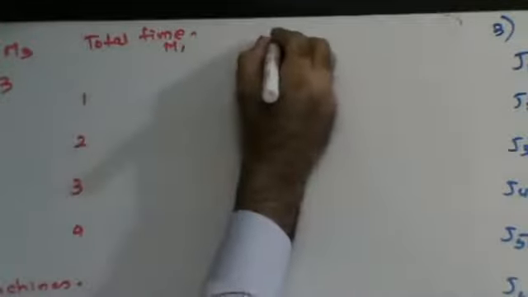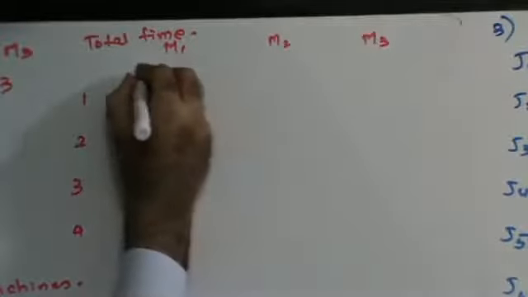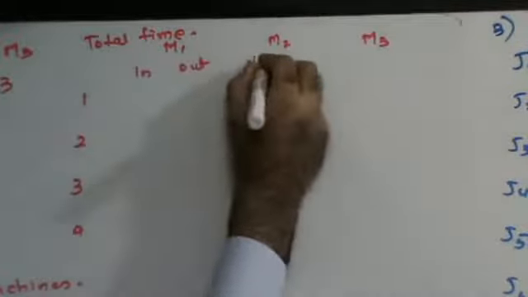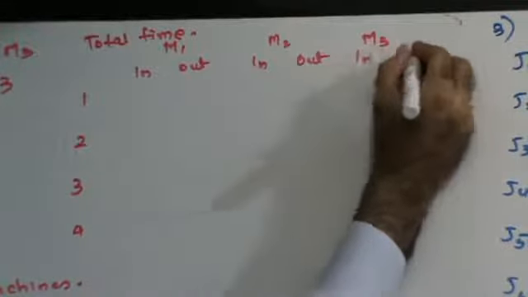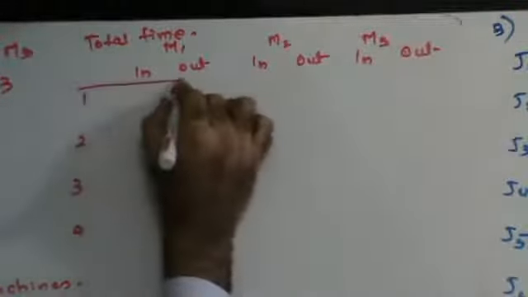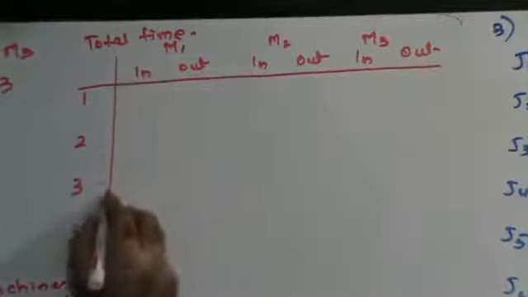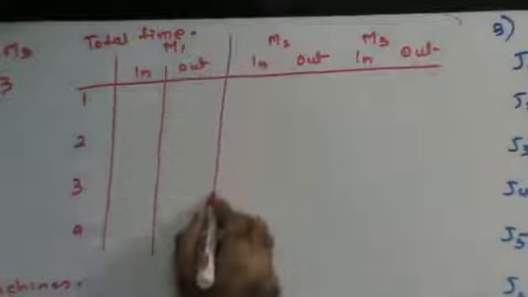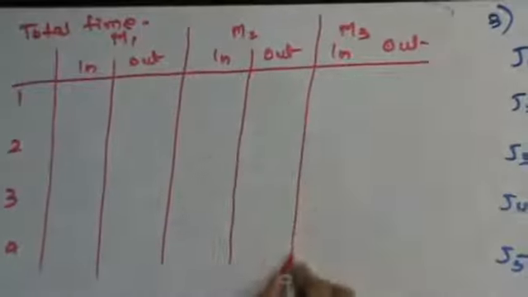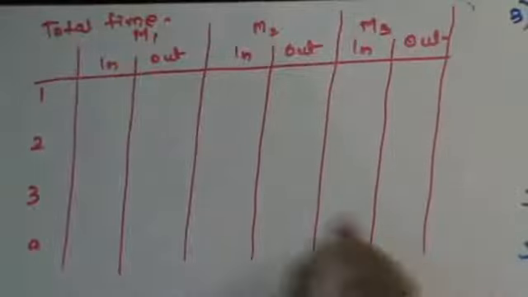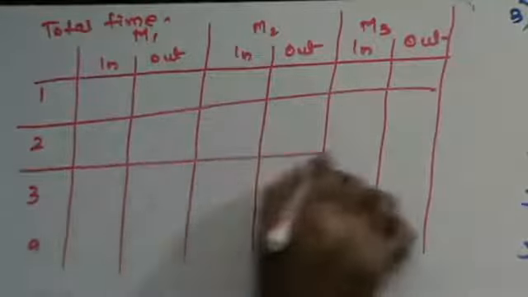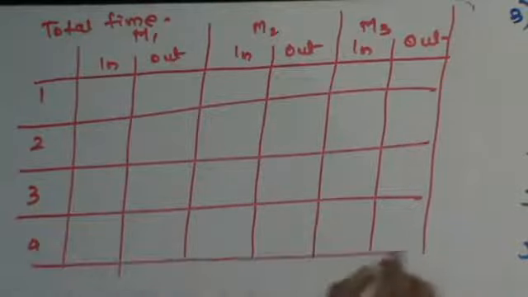So let's find out the total time. Total time is for jobs 1, 2, 3, 4. You have machine 1, machine 2, machine 3, with time in and time out for each.